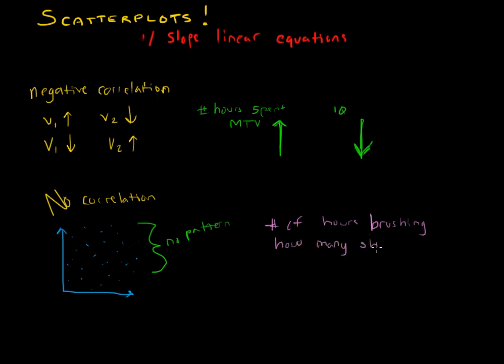In scientific studies, people try to find correlations between things like this, and unless they have some really good data or a solid experiment, they're usually not going to find anything. The number of hours spent brushing teeth doesn't really relate to how many shoes I own. That doesn't even make sense. Why does owning shoes have to do with brushing my teeth? It doesn't. So that being said, that would be a no correlation.